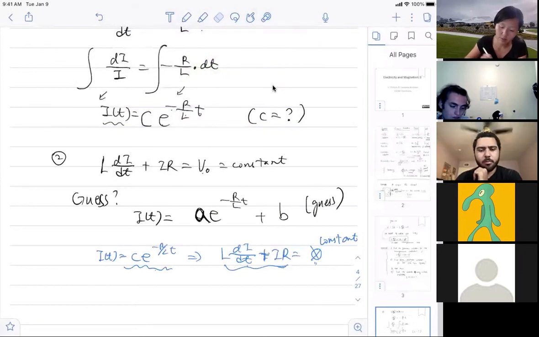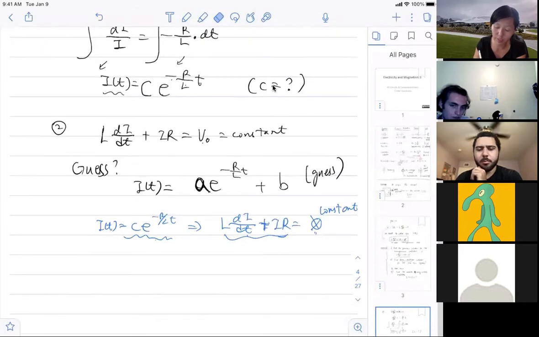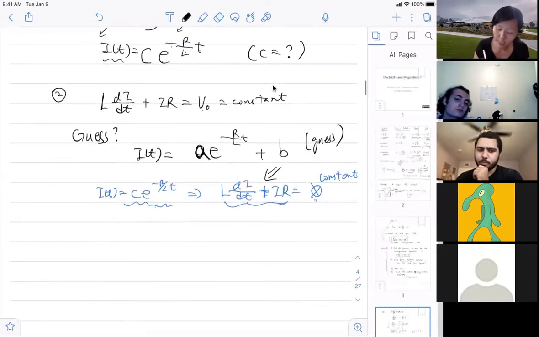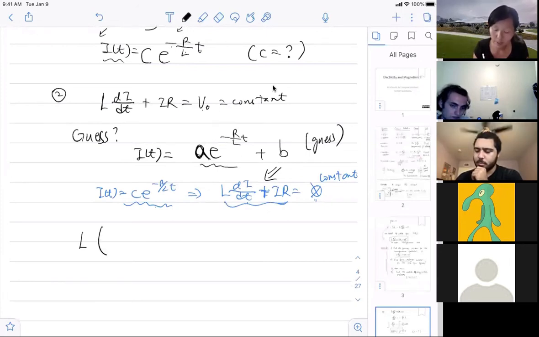Okay, so let's see if it works. Let's plug it in to see if this could be a solution. The first term is L times di/dt. You take the derivative, you get a negative R over L in front of it, and you get this e to the negative R L t back.